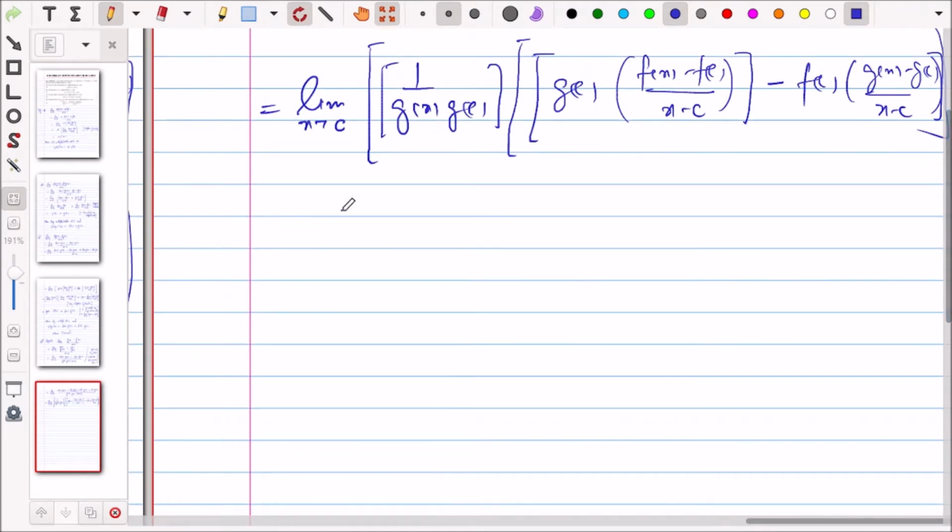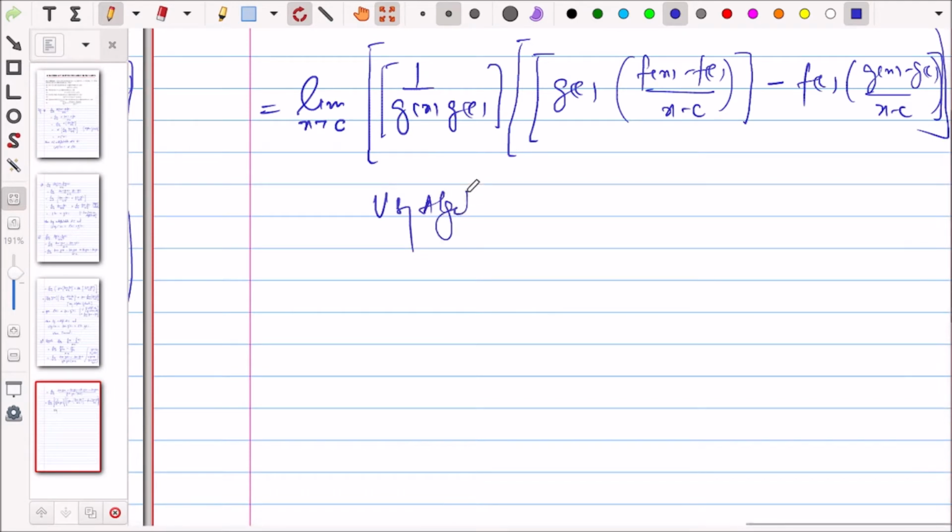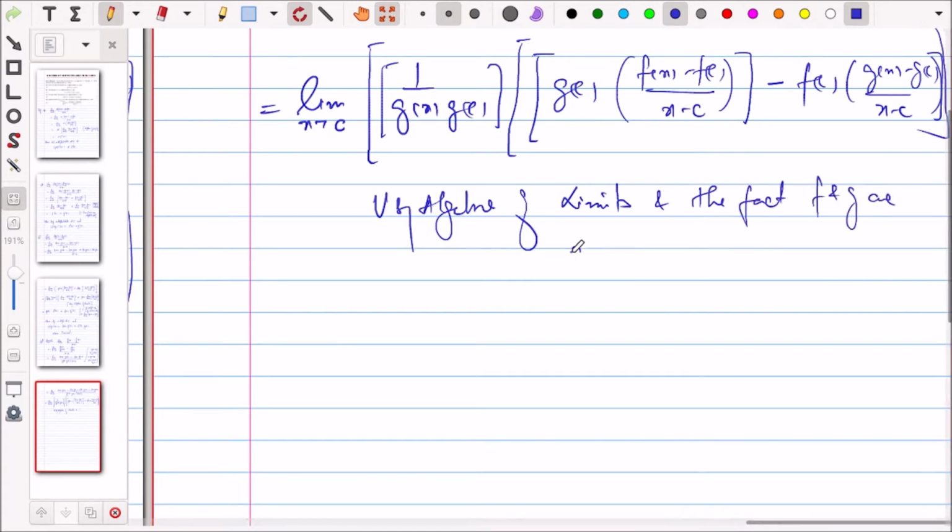So now when you will take the limit inside, use the algebra of limits. Using algebra of limits and the fact that f and g are differentiable at c, we get, so simply answer लिख देते हैं. So g(x) will become g(c), right?